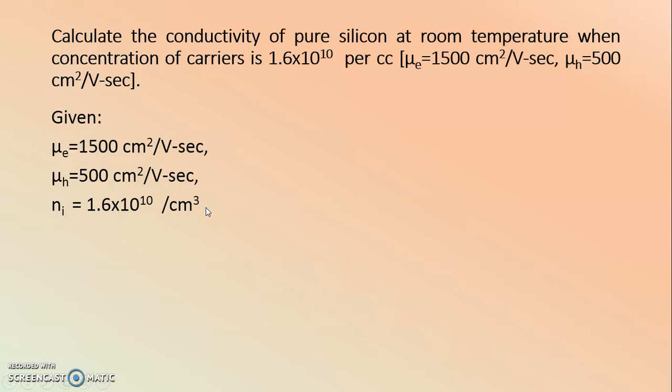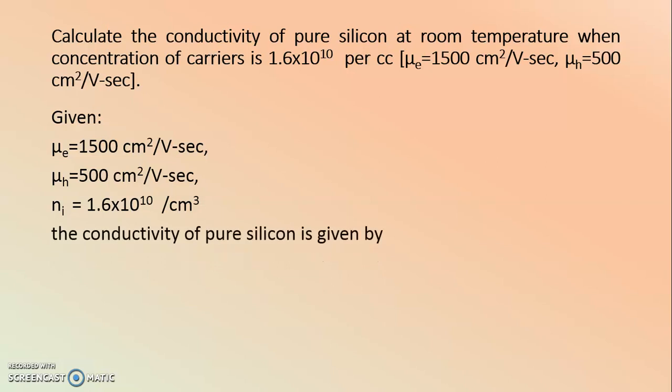Now, since pure silicon is mentioned, it indicates an intrinsic type of semiconductor. That's why we have written n suffix i. In an intrinsic semiconductor, the number of electrons and holes are the same, so instead of n suffix e and n suffix h, we commonly write n suffix i.